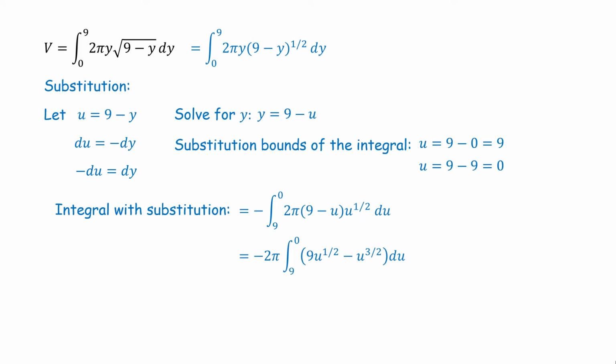Now we'll use one of the special properties of integration that lets us switch the lower and upper limits of integration by changing the sign. So from negative 2 pi, the integral from 9 to 0, we will write that as a positive 2 pi, integral from 0 to 9 of the quantity 9u to the 1/2 minus u to the power of 3/2 du.